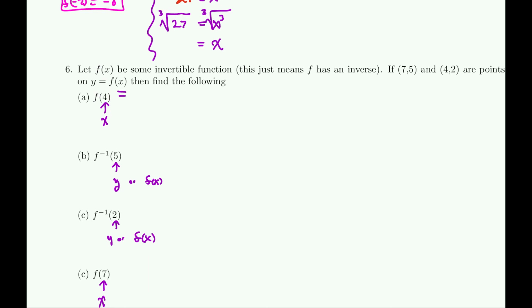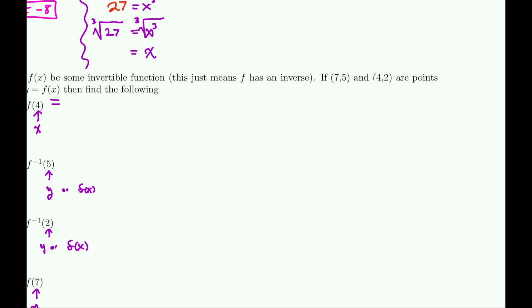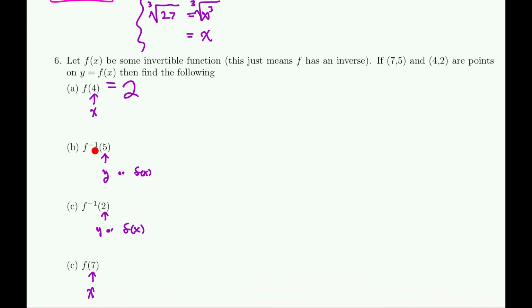And so whatever the other one is what we're looking for. So when this says x equals 4, you find x equals 4 right there, and then the answer will be the y value, 2. And here you have f inverse of 5. That's a y equals 5.